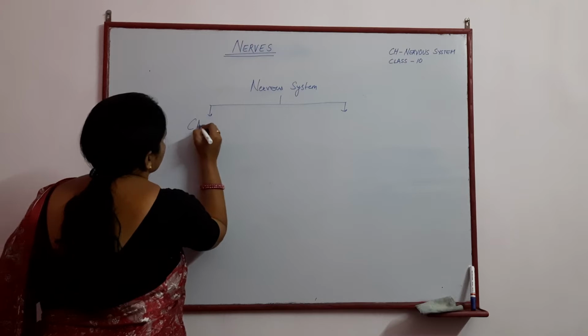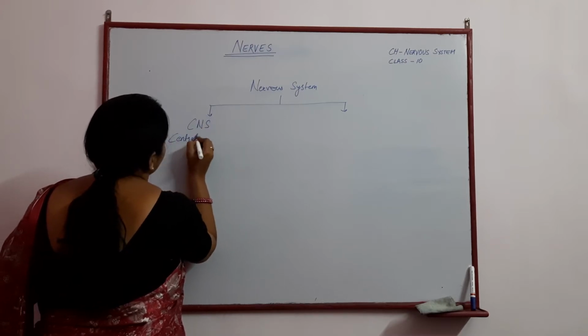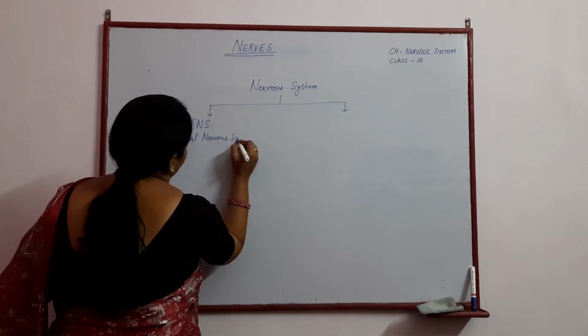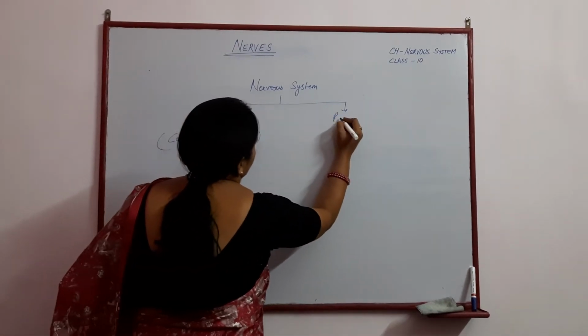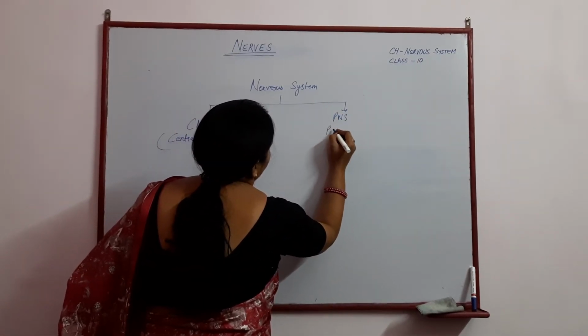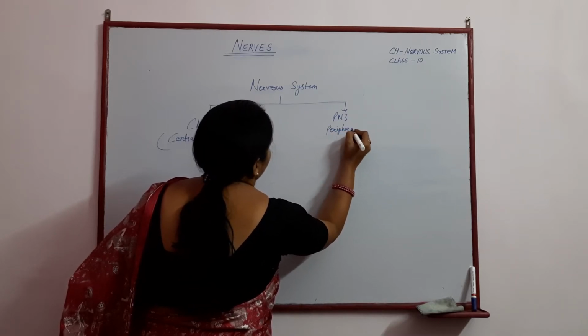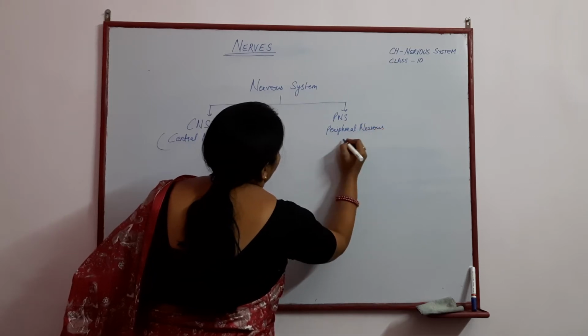One is the CNS, Central Nervous System, while the other is the PNS, Peripheral Nervous System.